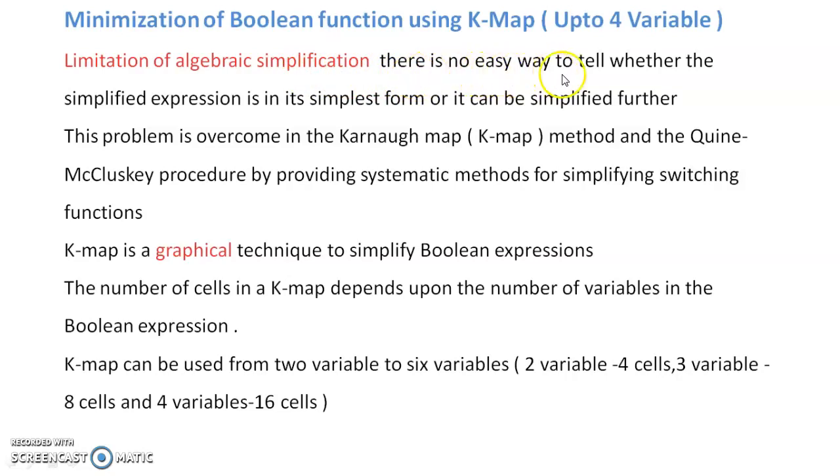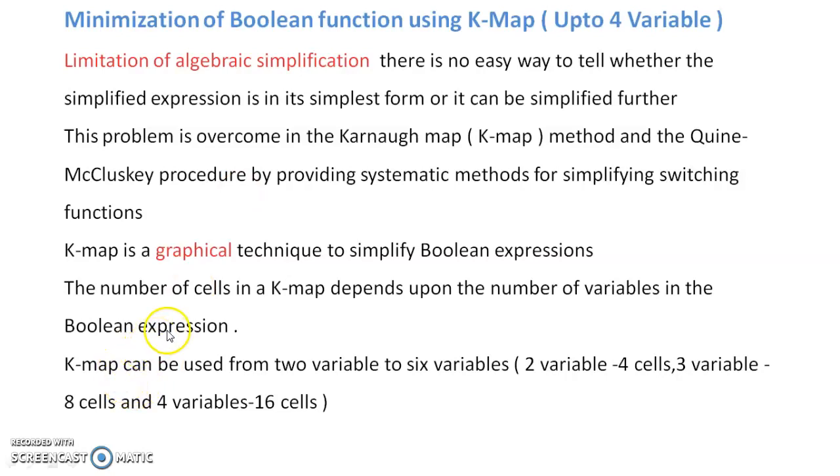There is no easy way to tell whether the simplified expression is in its simplest form or it can be simplified further. This problem is overcome in the K-map method and the Quine-McCluskey procedure by providing a systematic method for simplifying switching functions. The K-map is a graphical representation of Boolean expressions.